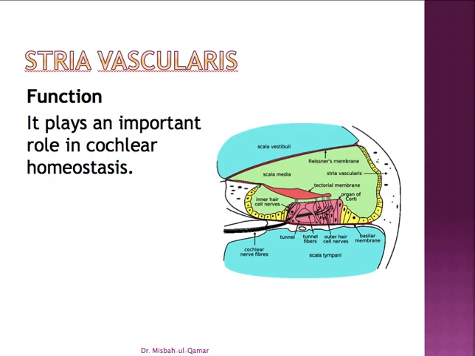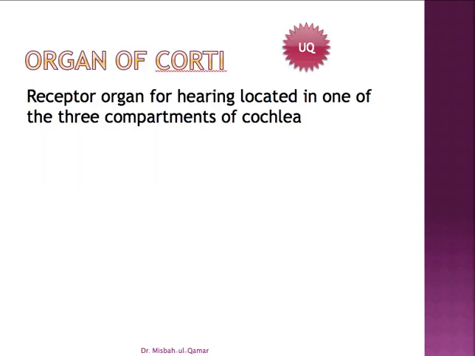So the functional units of cochlea were the spiral ganglion, this stria vascularis, and the organ of Corti. Organ of Corti, that could be considered as the body's microphone.